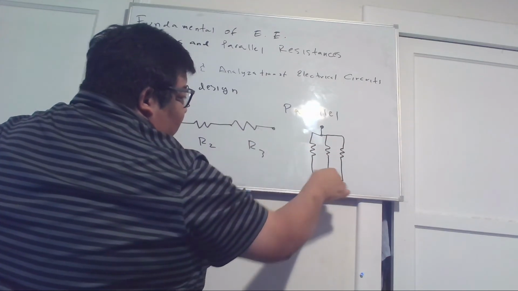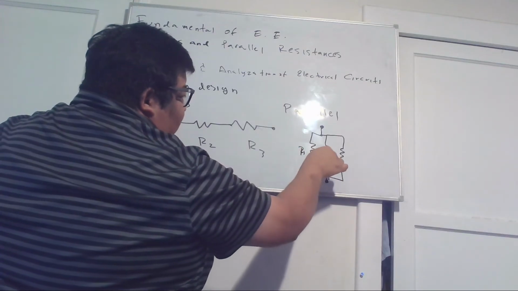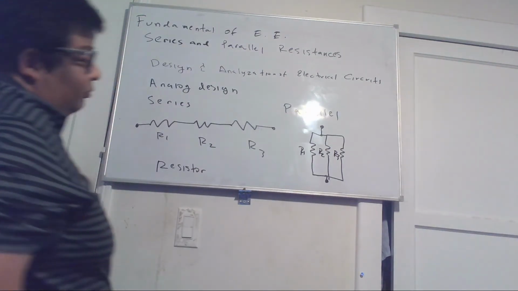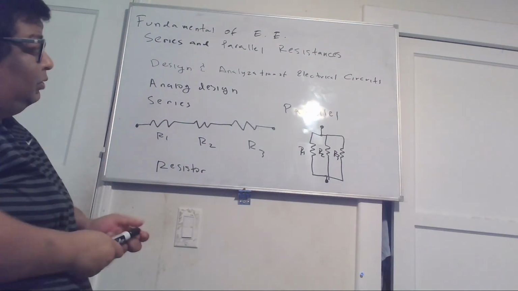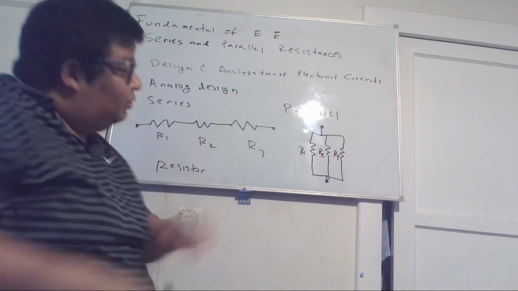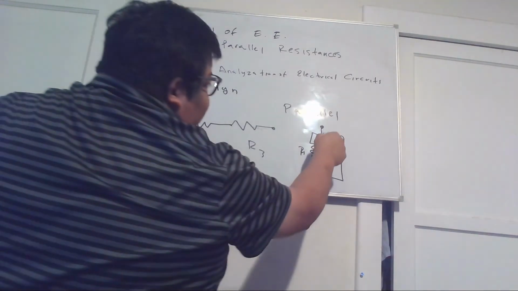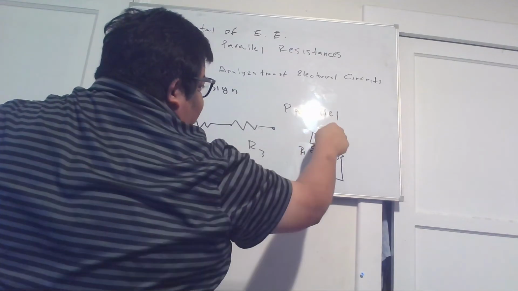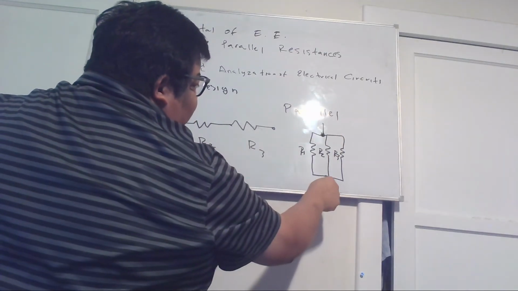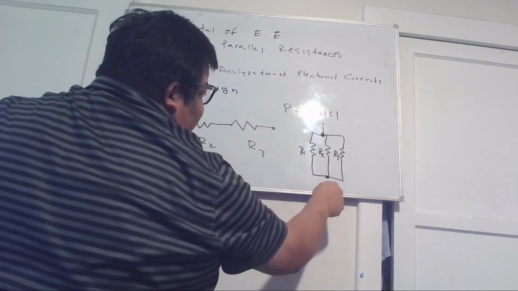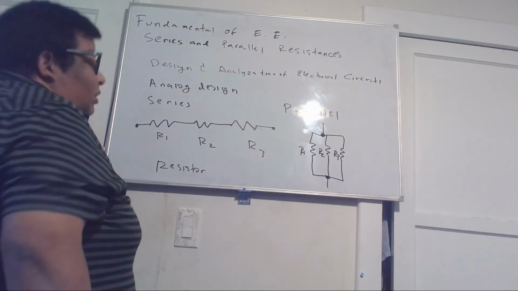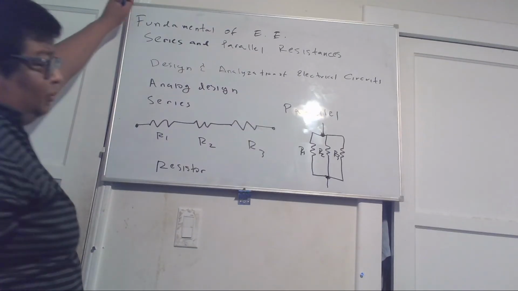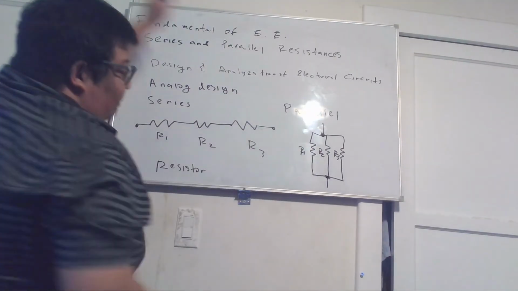So this is R1, R2, and R3. As you can see, all these resistors are connected in one node. The node is here. You can see here there are different paths.